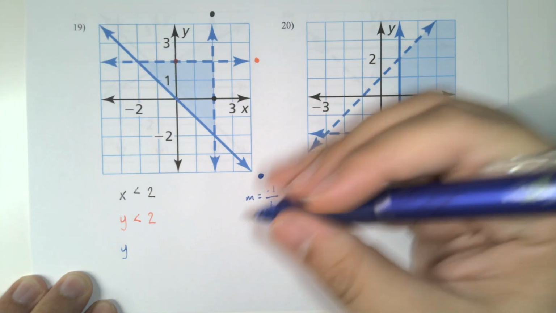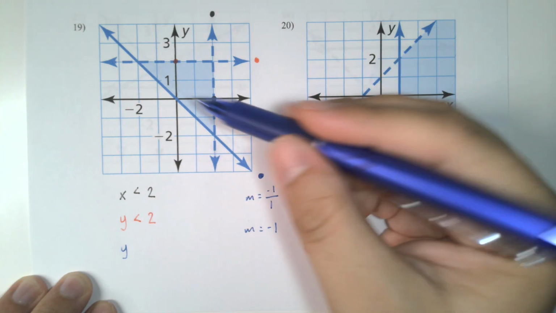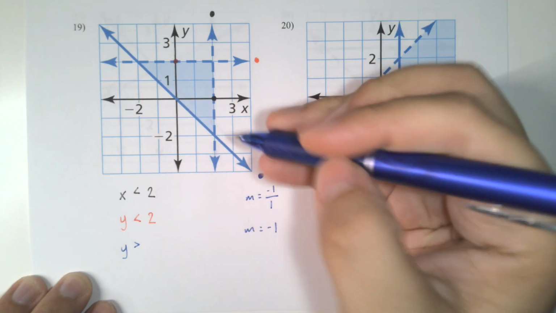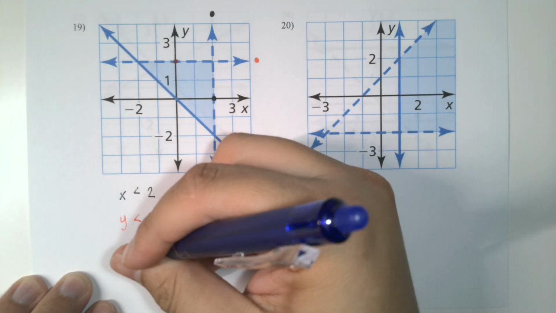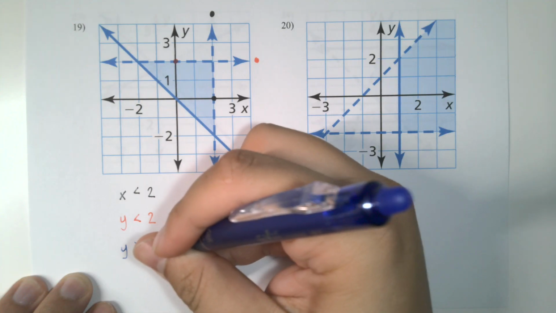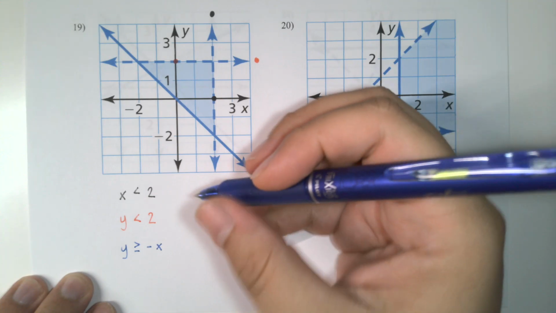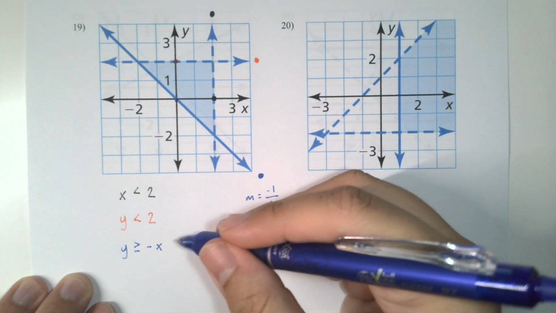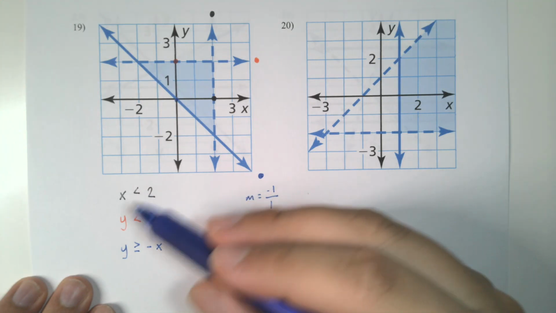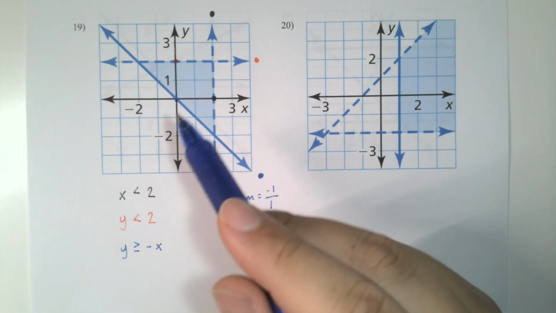That slope of -1 over 1 is just -1. And notice that we're shading above that diagonal line. So this is going to be greater than, and because it's solid, it's going to be greater than or equal to. We have a slope of -1, so I'll just write -x. And because we have a y-intercept of 0, we don't have to write the +0 there. We just have y is greater than or equal to -x. And so these are the three inequalities that describe this graph.